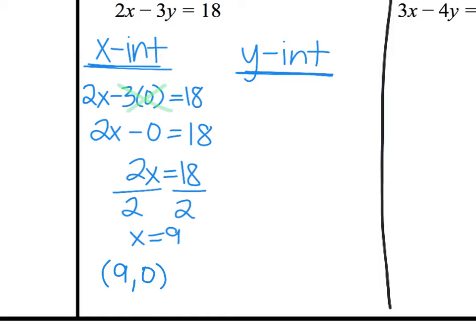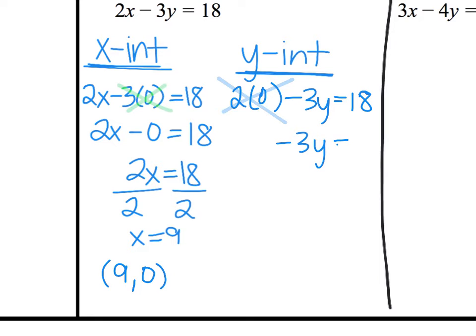Okay, now we do the y-intercept, so basically the same thing, but now we need to leave the y, and we're going to put 0 where the x is, because we're on the y-axis, and that's where x is equal to 0. So 2 times 0, minus 3y equals 18. Guys, what's 2 times 0? 0. So you basically get to cross that out. And then you get negative 3y equals 18.